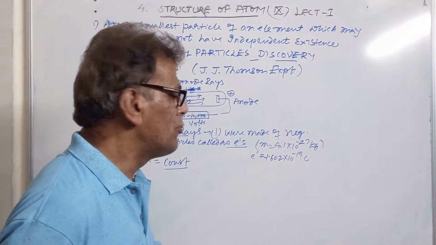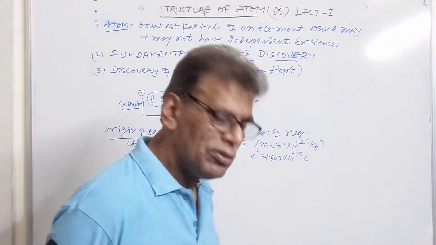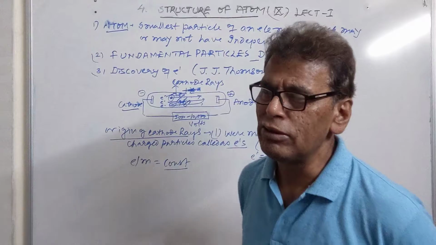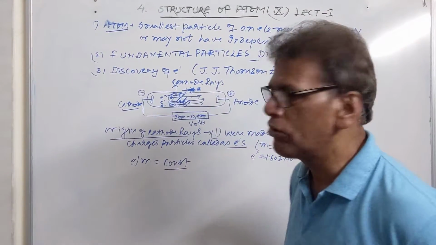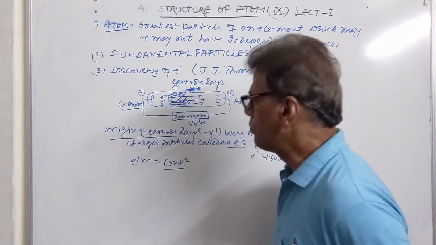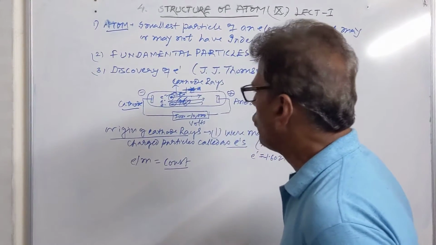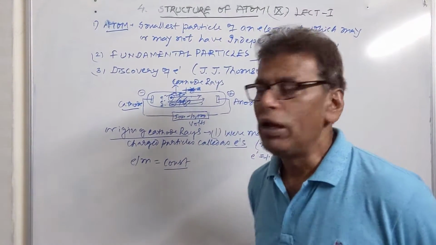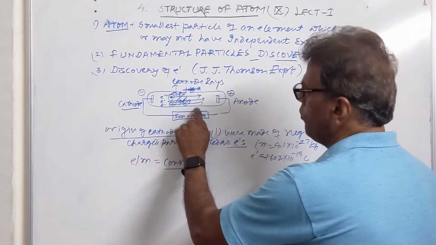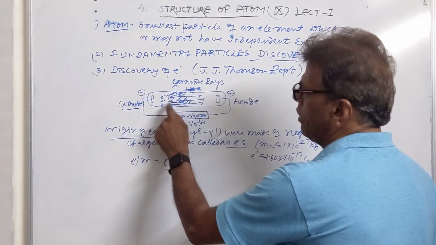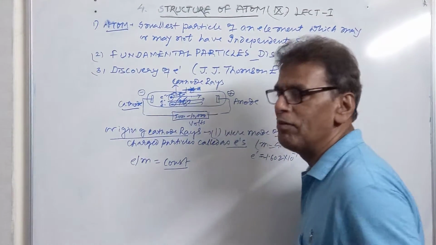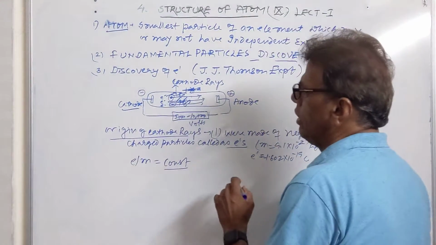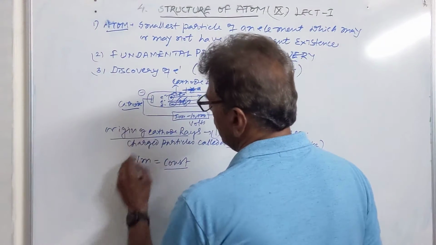When an object is placed in their path, it absorbs energy from the electrons and keeps on shining for some time. This is called fluorescence. They get deflected towards a positive plate applied around this discharge tube. If we put a positive plate here, the electrons will come towards that plate, which shows that they are negatively charged particles. So this is all about the electron, the discovery of cathode rays.